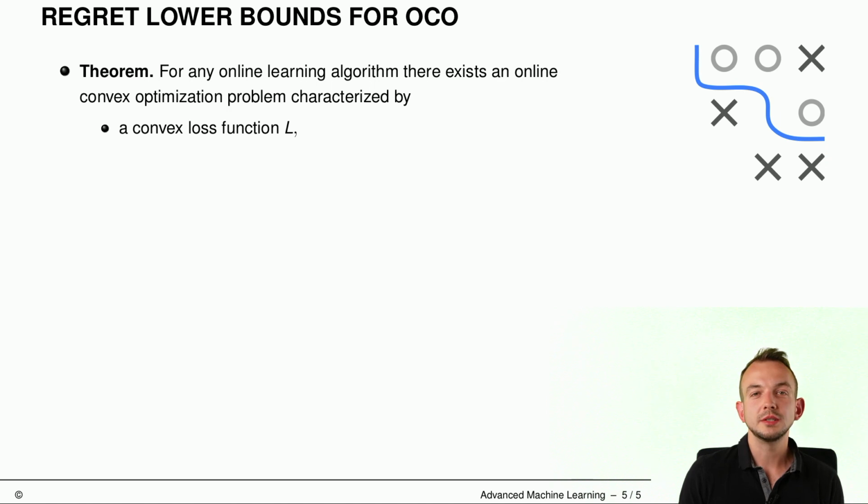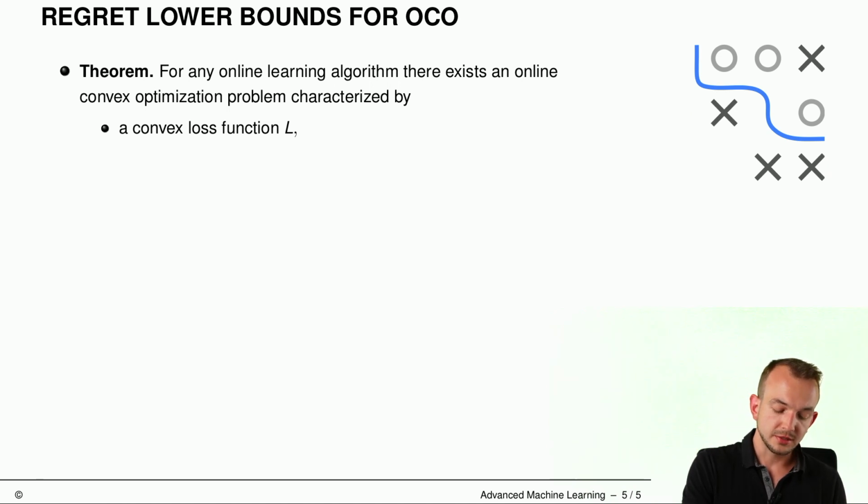And the question now is, is this a good result? Can we do better? And we will see, no, this is in fact already the best we can do in terms of the dependency on the time horizon, capital T, because we can show the following result.